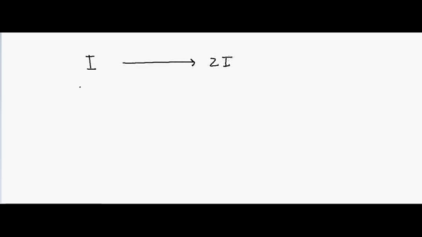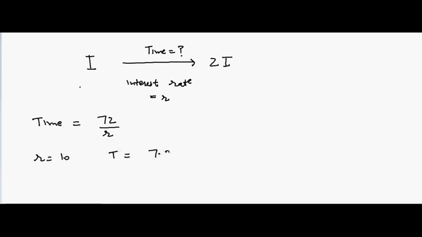So we want our investment to double, and the interest rate in the market is equal to R. So we want to know how much time it will take for this investment to become two times, and there are certain ways to calculate this, but if you use this trick, the approximate time can be calculated very easily, and the time will be equal to 72 divided by R. So for example, if the rate is 10, then time will be equal to 7.2 years.